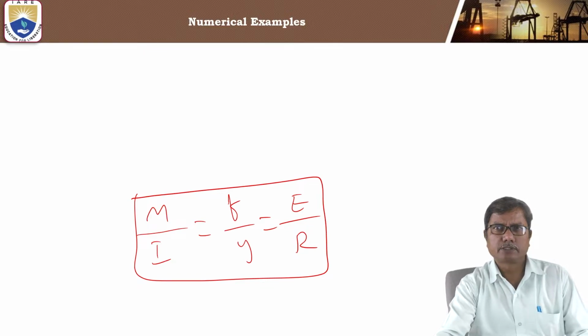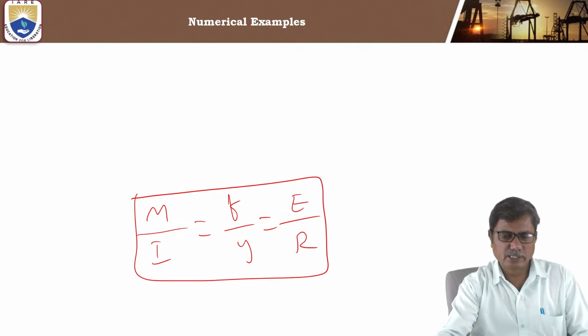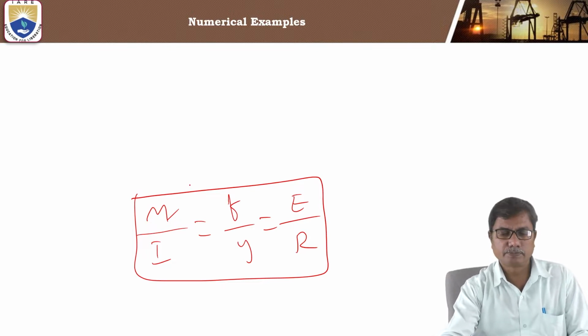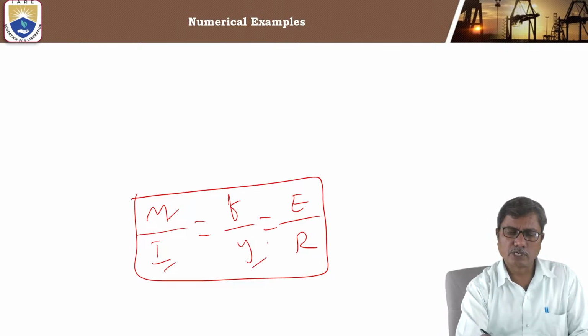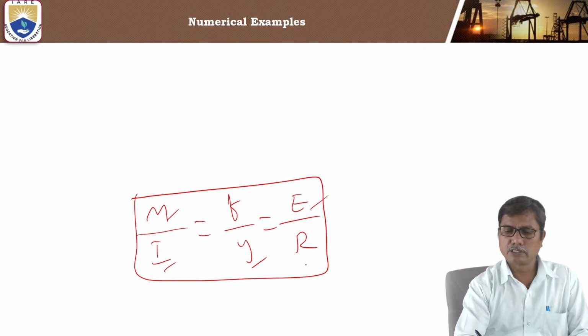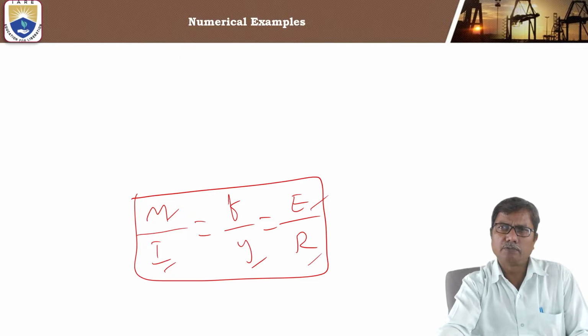Based on some assumptions made, the equation for simple bending is derived as M by I equals F by y equals E by R, where M is the bending moment, I is the moment of inertia of the section of the beam, F is the stress at a distance y from the neutral axis, E is Young's modulus, and R is the radius of curvature of the deflected shape.